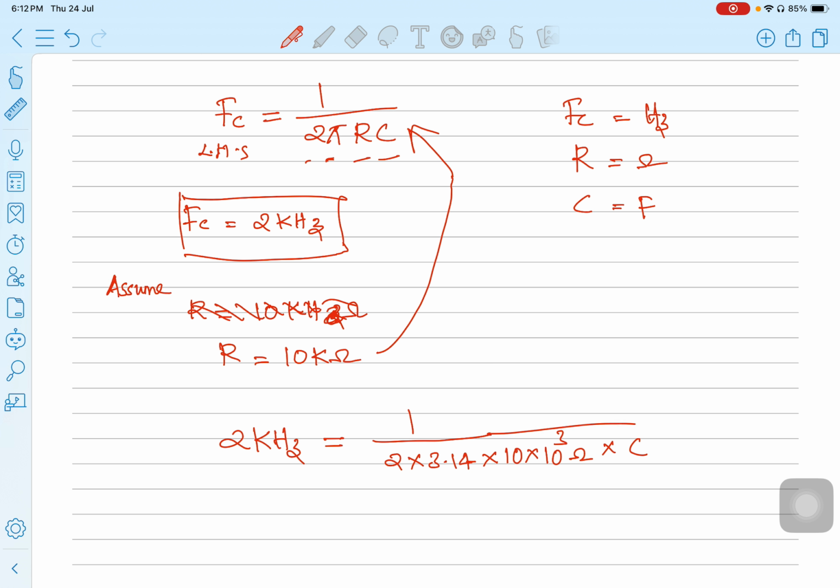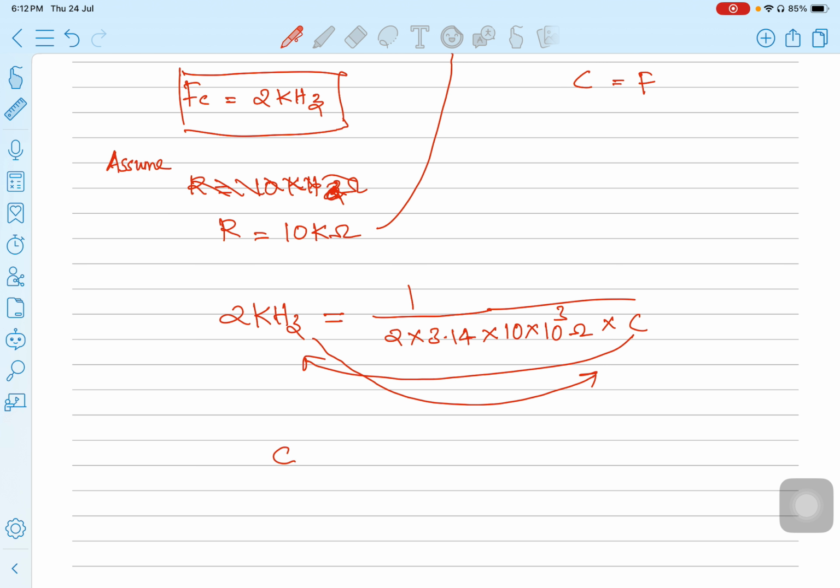I will shift C to the other side and the 2 kilohertz to this side. So capacitance C is equal to 1 divided by 2 into 3.14 into 10 power 4 into 2 into 10 power 3 hertz.